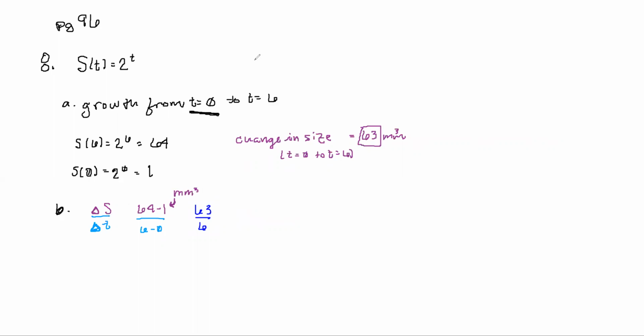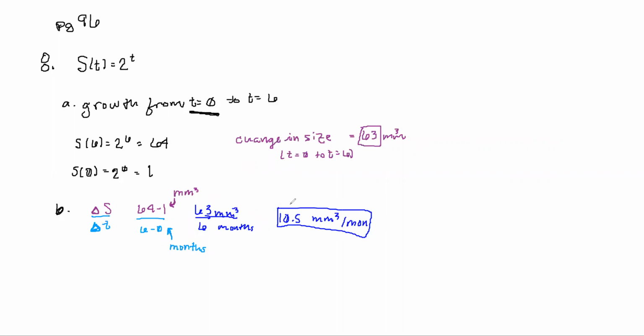What is the unit for the denominator? t is months. Millimeters of growth per month. Yep. So what I end up having is 63 millimeters cubed over 6 months, or 10.5 millimeters cubed per month. And that is my answer, including units.